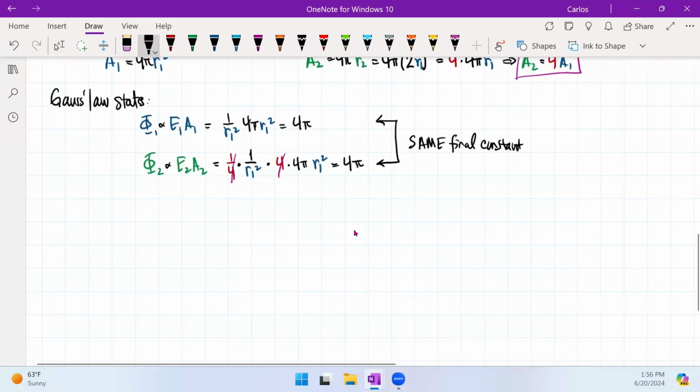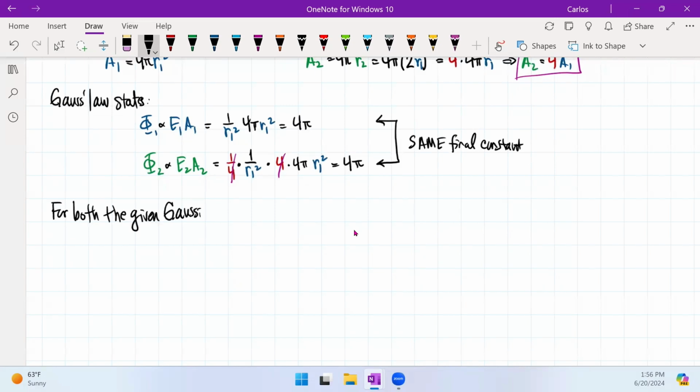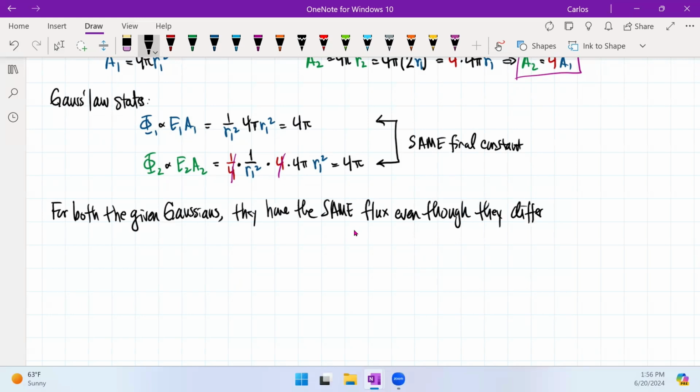In other words, for both the given Gaussians, they have the same flux, even though they differ in size.